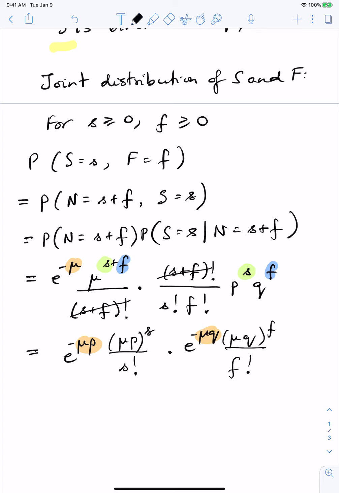Mu is equal to mu p plus mu q because p plus q is 1.